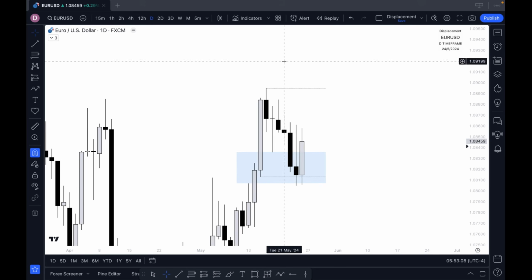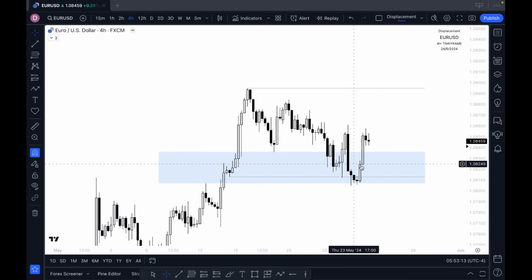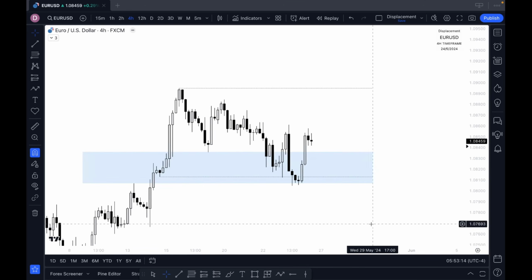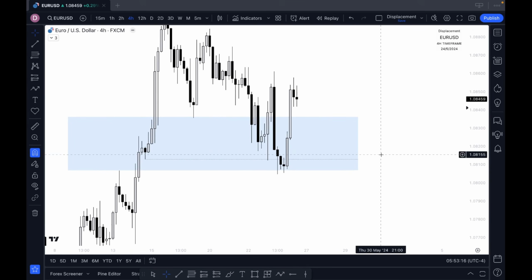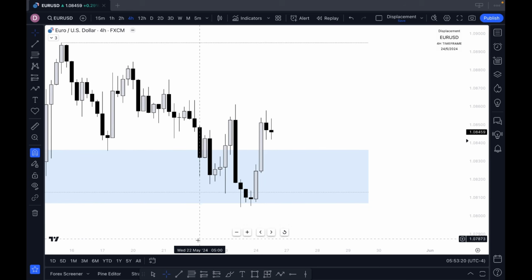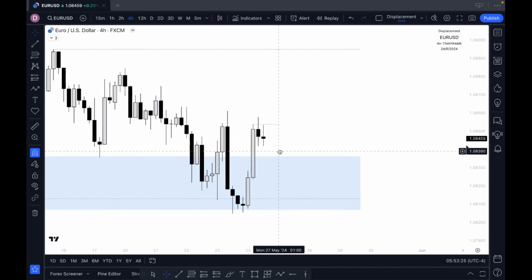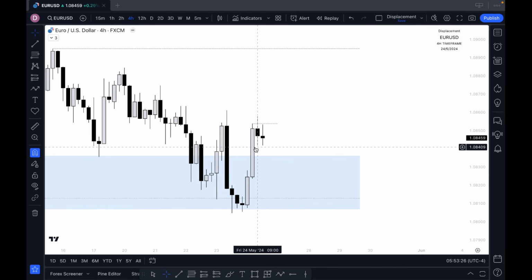We closed above this candle, and also if you go to the 4-hour time frame, we have this small tiny fair value gap. So there are 2 scenarios which are possible right now. Either we can react from this fair value gap, and it should be left open, but I don't think it should be left open because there's no such order block here.